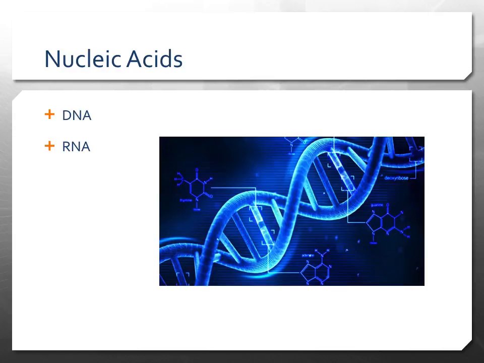Again, nucleic acids are DNA. You've probably seen pictures of DNA. Our DNA is basically the blueprints or the laws that each cell has in our body, and those laws dictate how the cell is going to work, how the cell is going to be built up, and how the cell is going to function.